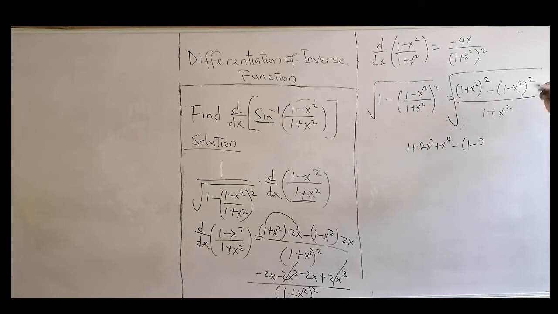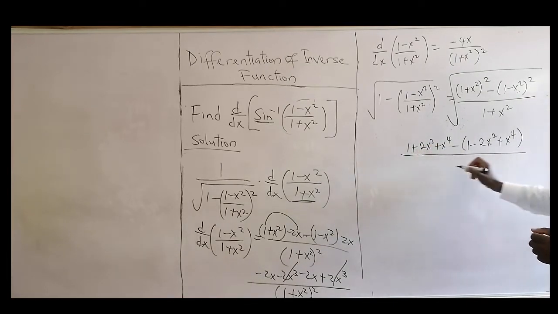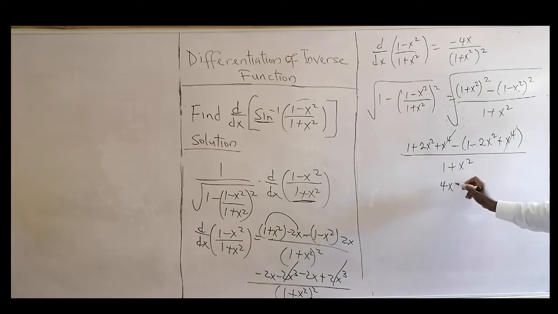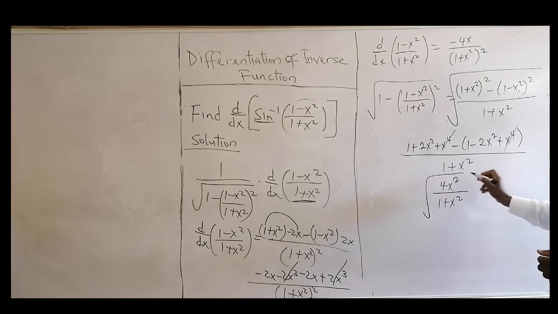This one times this one, that's x squared times 2, that's minus 2x squared. Then plus this last one here, x to the 4, all over 1 plus x squared. So then you can open. If you open, this one and this one will cancel. Then 1 also will cancel. Then you have minus times minus, that's plus. You have 4x squared over 1 plus x squared, square root, which will be equal to 2x over square root of 1 plus x squared.